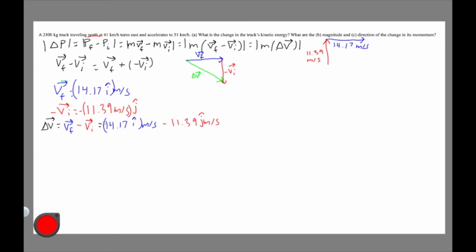To find the magnitude of this vector, delta V, we use this formula. The magnitude of delta V, the length of this vector right here, is equal to the square root of Vx squared plus Vy squared.